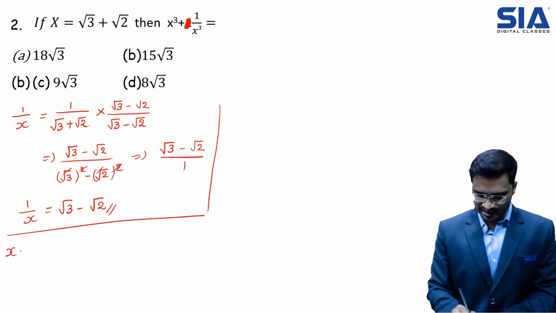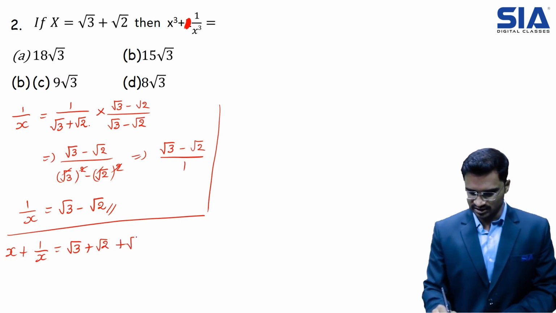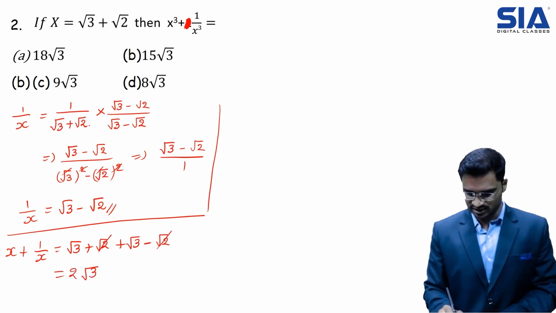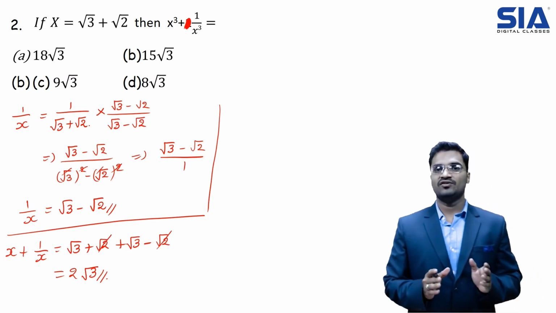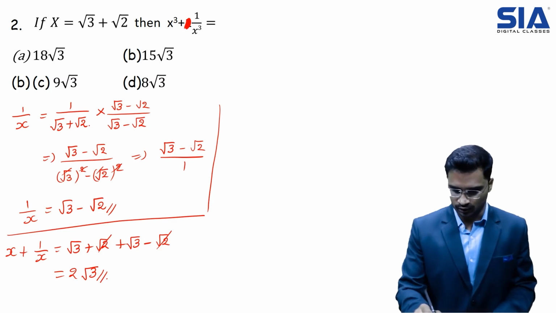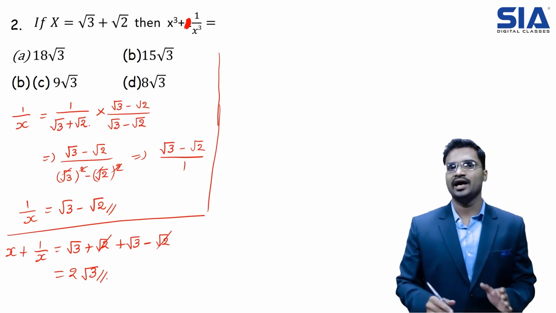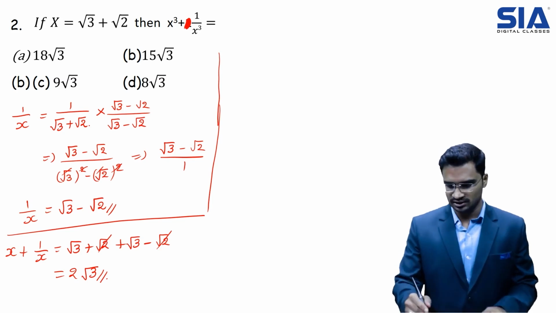Now let us add x plus 1 by x. So x is root 3 plus root 2 and 1 by x is root 3 minus root 2. So plus root 2 minus root 2 gets cancelled. So x plus 1 by x is 2 root 3. We have the value 2 root 3 for x plus 1 by x. Now after seeing this x cube plus 1 by x cube, I am getting a formula like this.